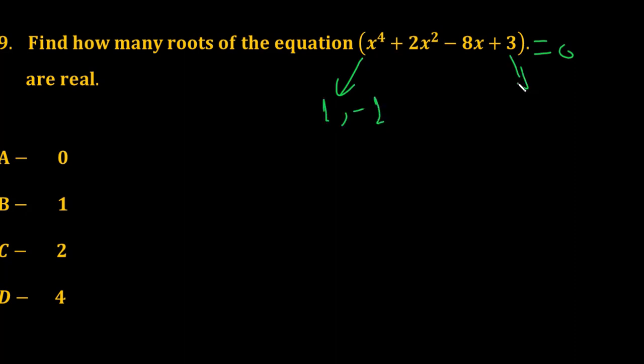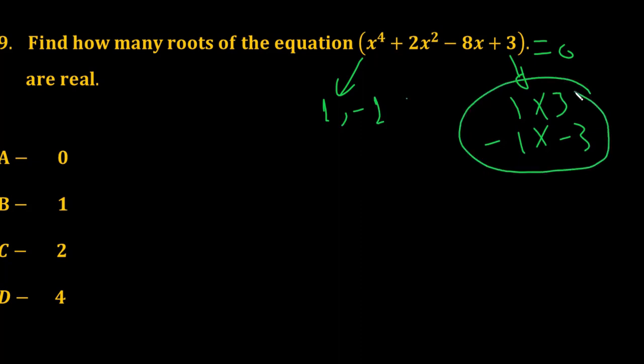And for the constant term, it will be 1 times 3 or negative 1 times negative 3. If we divide each one of these factors by each one of these factors, we get the possible rational roots of the equation, which are 1, negative 1, 3, and negative 3.